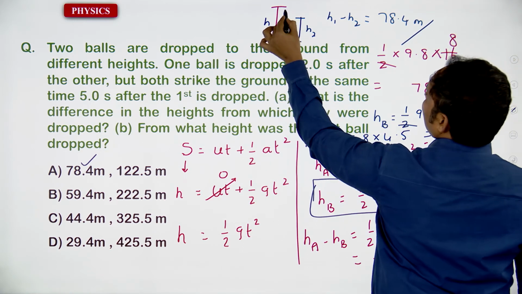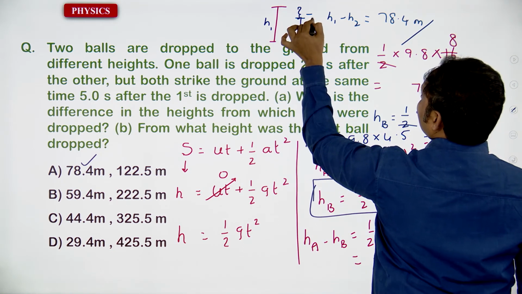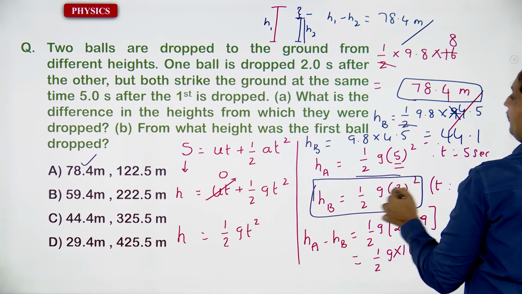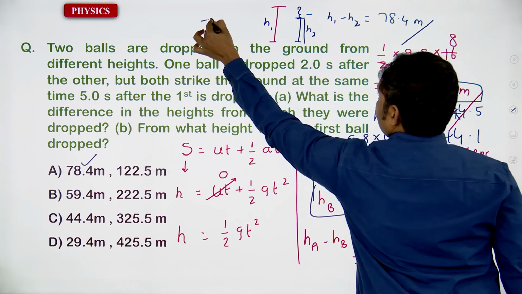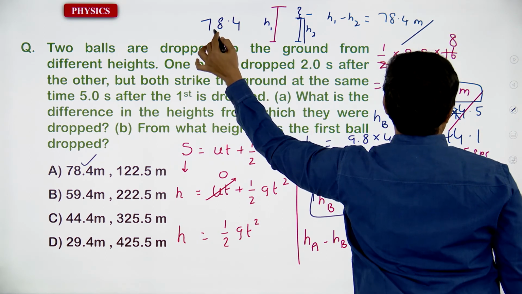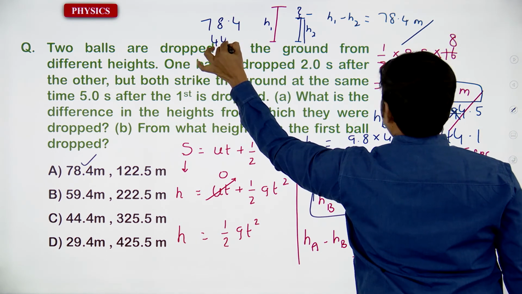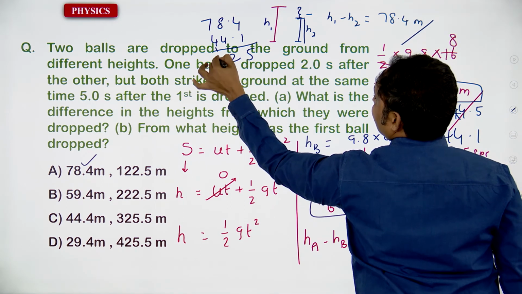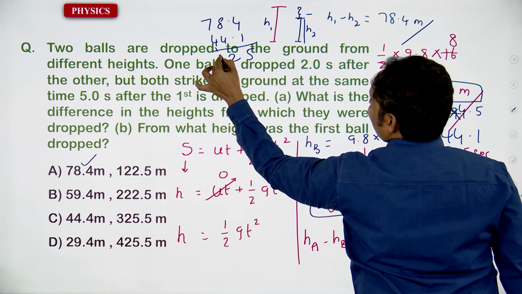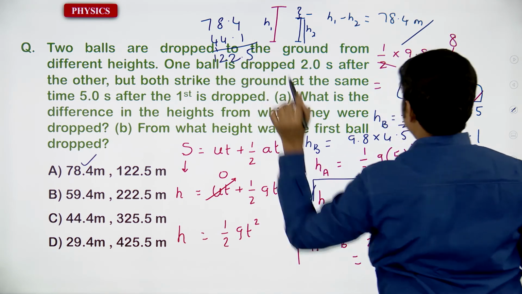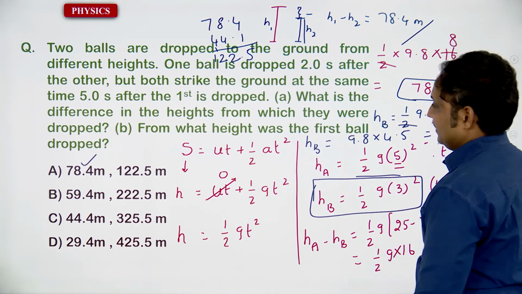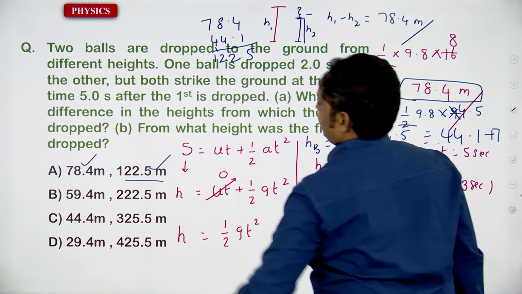So if you are going to add the difference 78.4 and 44.1, it's very clear. If you add this one, easily you will get that, right?